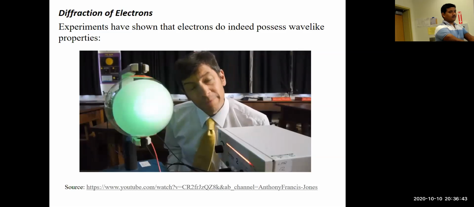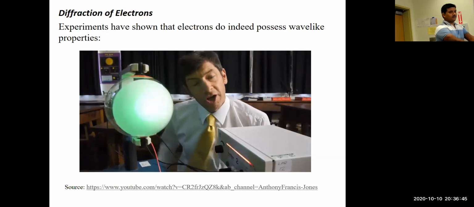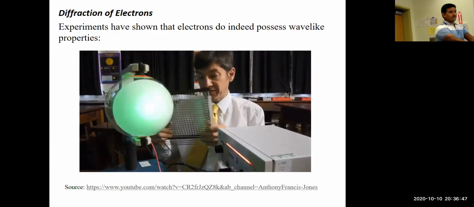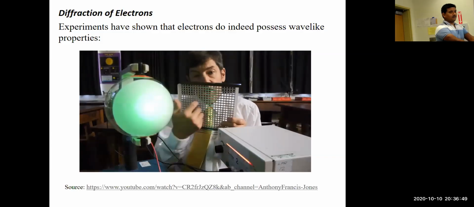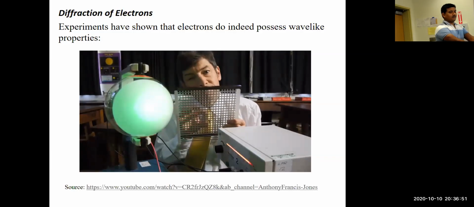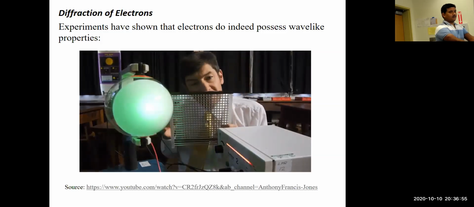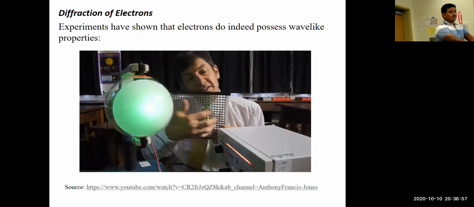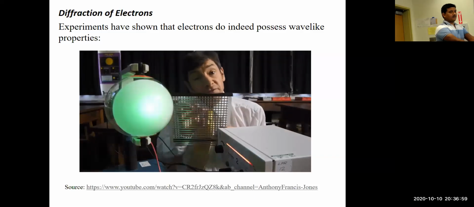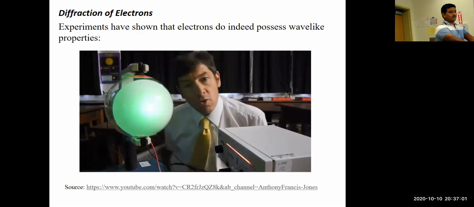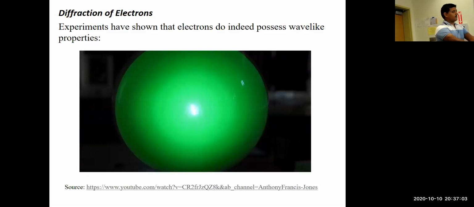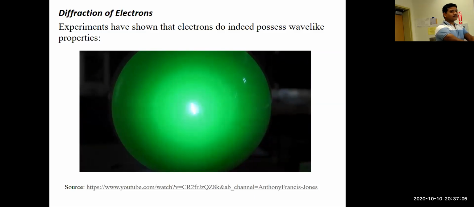So a quick recap. If you remember, the electron gun had a graphite sample in front of it, and that graphite behaves like a crisscross grill. So the electrons go through the grill, diffract, and what you see on the screen is the interference pattern of those diffracting electrons. There is no way we could get this image on the screen if electrons were behaving like particles.